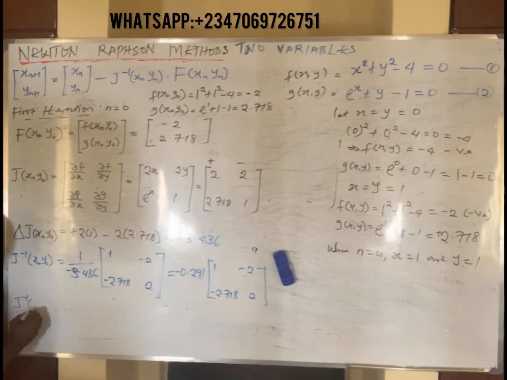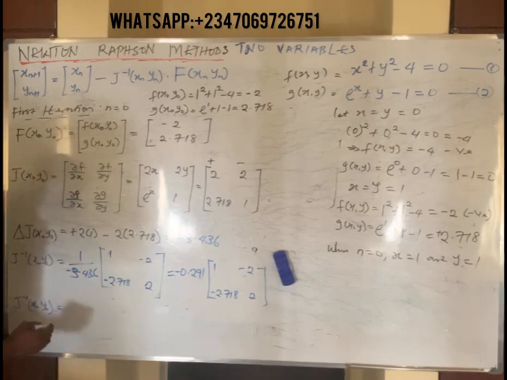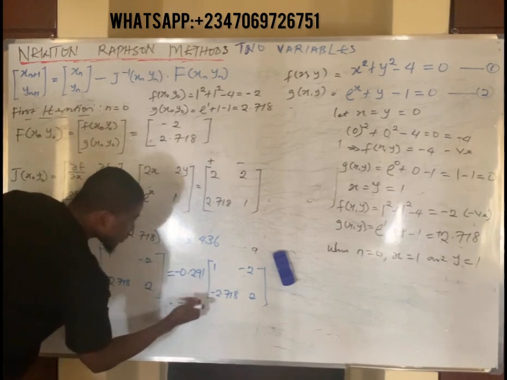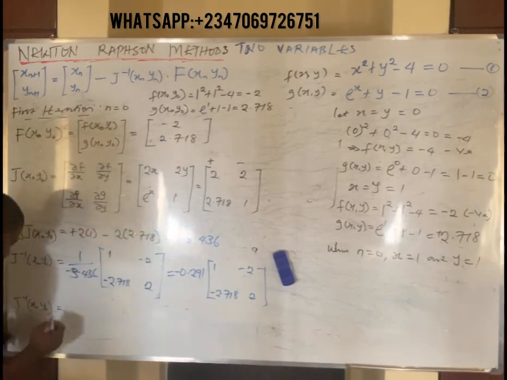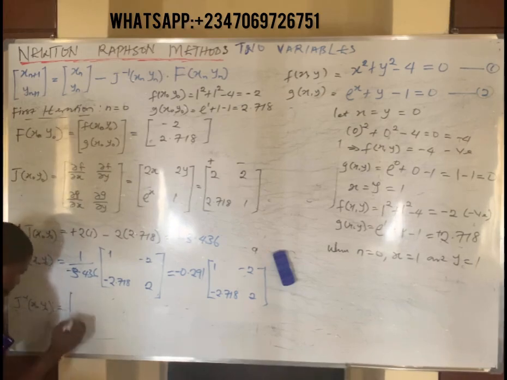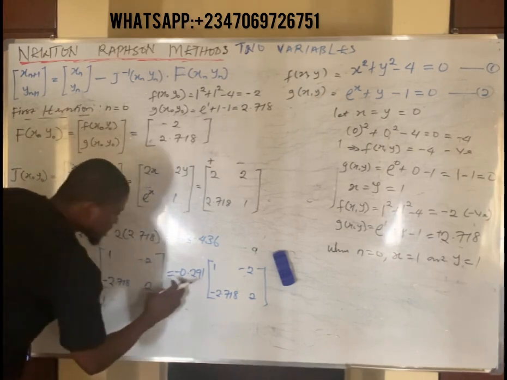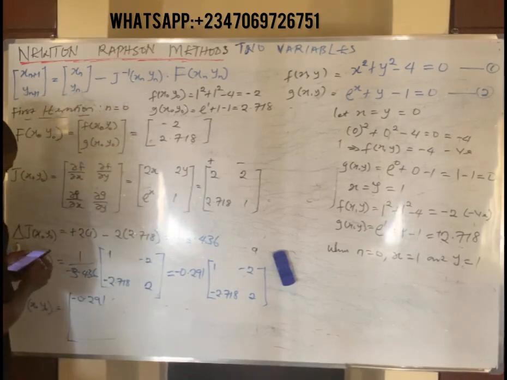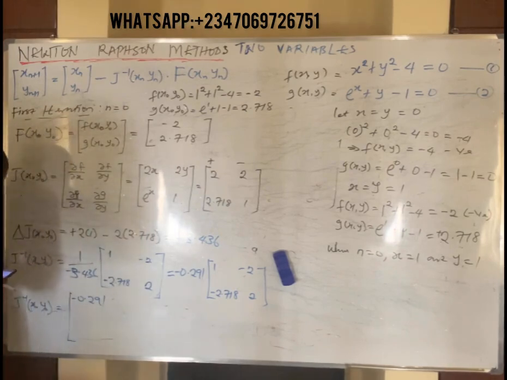So the Jacobian inverse of x naught, y naught is now going to be equal to, so we simply now expand this bracket. Negative 0.291 multiplied by 1, we simply have negative 0.291. Negative 0.291 multiplies negative 2, so negative cancels negative, so we simply have 0.582.